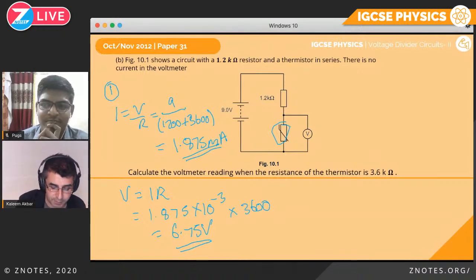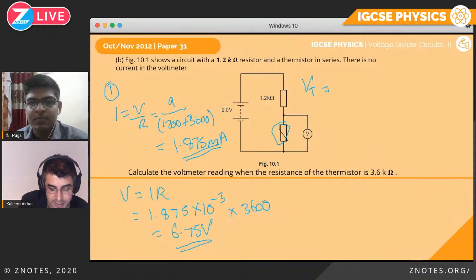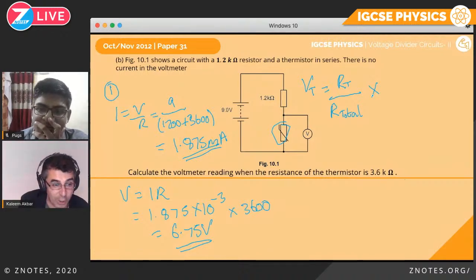So what do I do here? Basically, the voltage in the thermistor is equal to the resistance of the thermistor. Maybe I shouldn't have done it that way because I now want to say the total resistance, but I'll just write it. I really shouldn't have used T because now I wanted to say total voltage, but I'll just write the word.